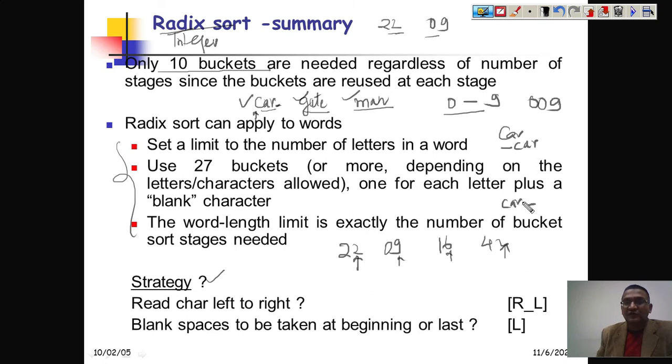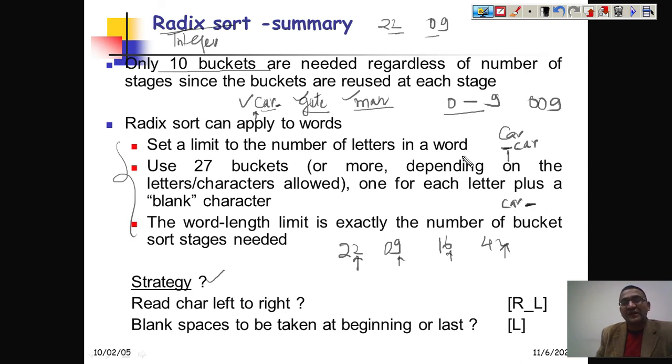One strategy is you can assume the blanks to be at the left. That means if I want to represent my car as a four-character word, then I will write blank space CAR instead of writing CAR blank space.